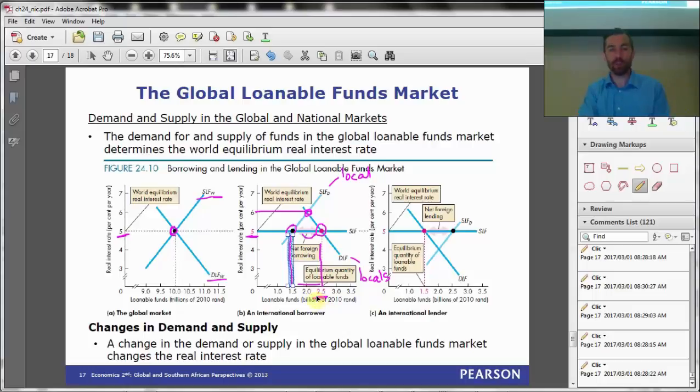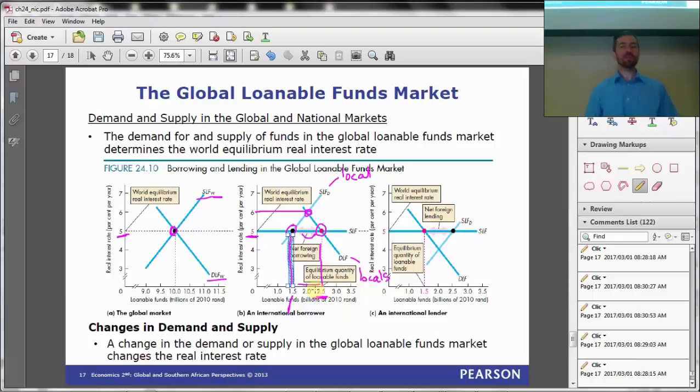Of that 2.5 billion rand that's borrowed, 1.5 billion rand is from savings that come from within the economy, and the difference between the two, the 1 billion in between, comes from foreign investors lending money to our local investors. Does that make sense? You guys with me?